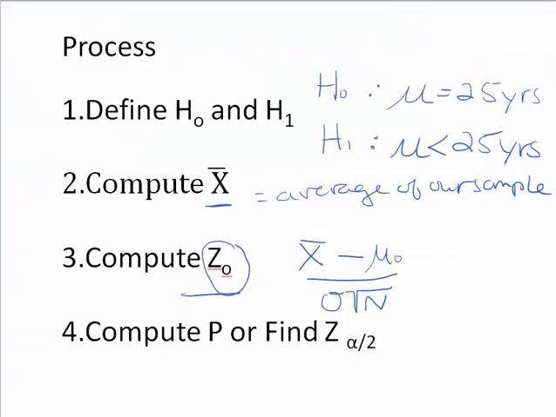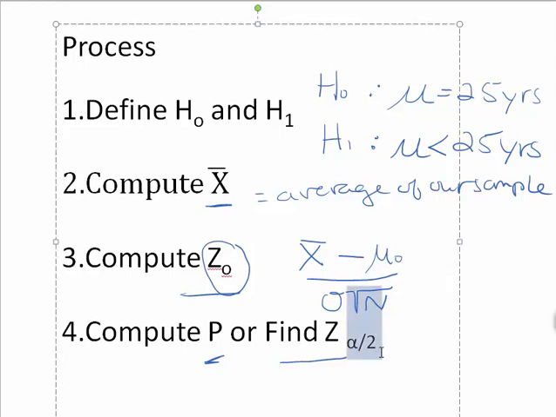Now that we've computed those, the next thing we need to do is compute the probability and then also the z of alpha. You'll note here that I have it as alpha over 2, but actually, because it's not a two-sided test, it's only a one-sided test, we're actually just going to find z at alpha.